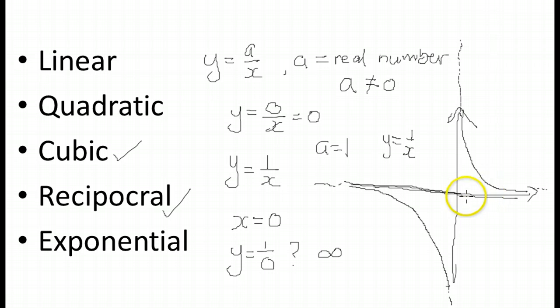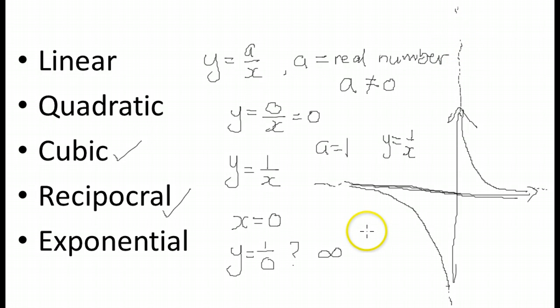So at x equals 0, y will be infinity, all the way up here, which means the graph will never touch the axis, since at x equals 0, y will be stretching to infinity.